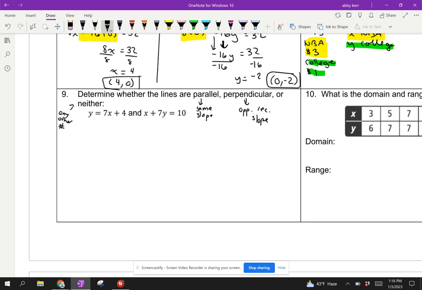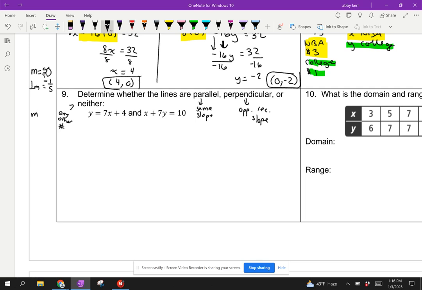Now, remember, for opposite reciprocal, if I give you an m equals 5, let's say, the perpendicular slope would be the opposite of positive, which is negative. And then you would also have to invert 5 over 1 to be 1 over 5. So the perpendicular slope of 5 would be negative 1 over 5.